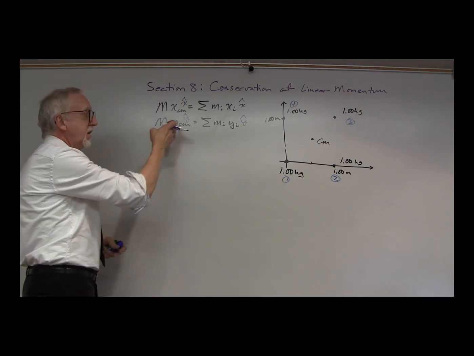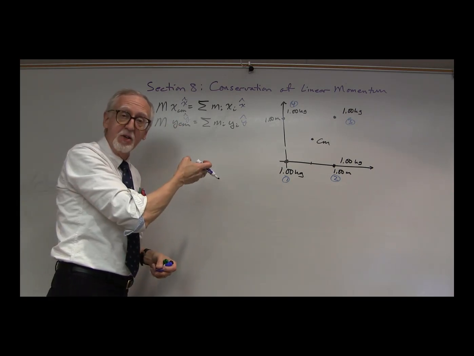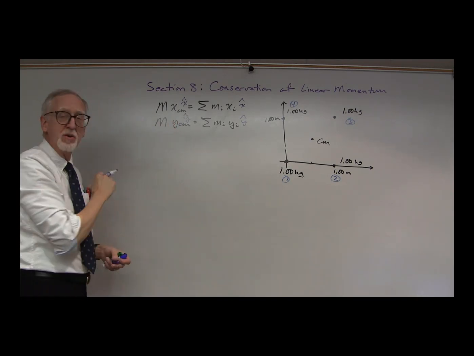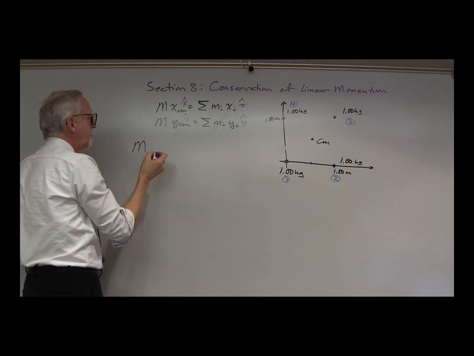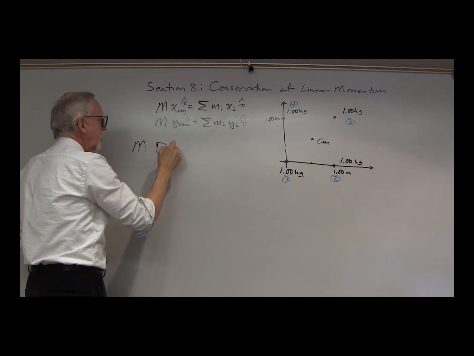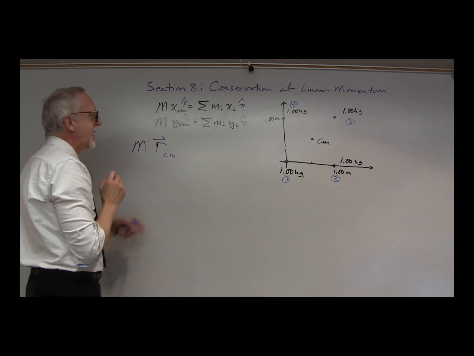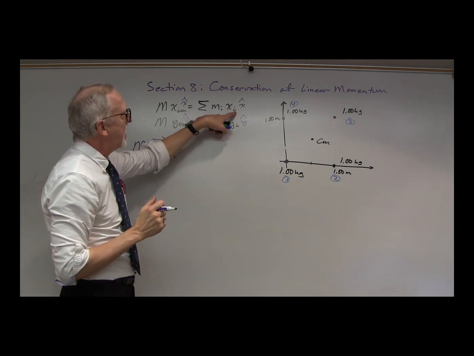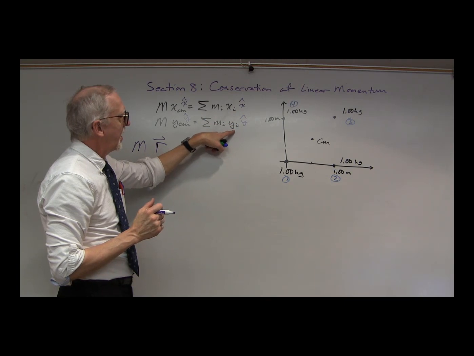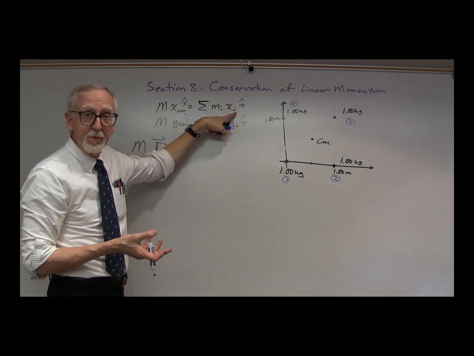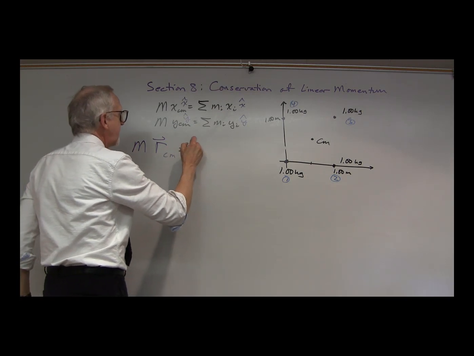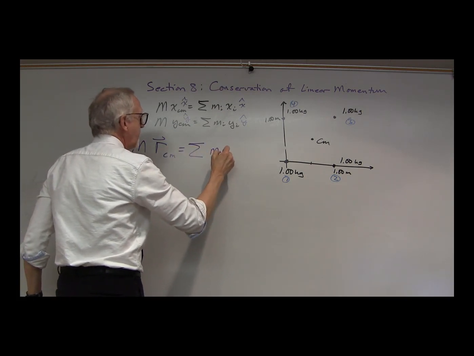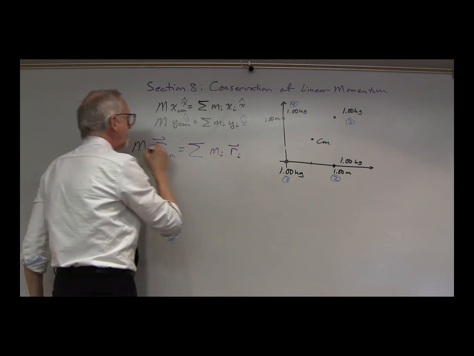Well, that's just the vector position of the center of mass, especially if we put down the z component. So we can actually write this as m times the vector position of the center of mass. And then what is this? xi x hat plus yi y hat. Well, that will be the vector position of the ith mass. Add them all together. What's this going to give us? The sum of mi ri.